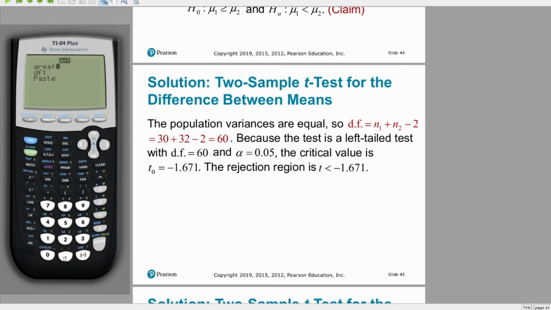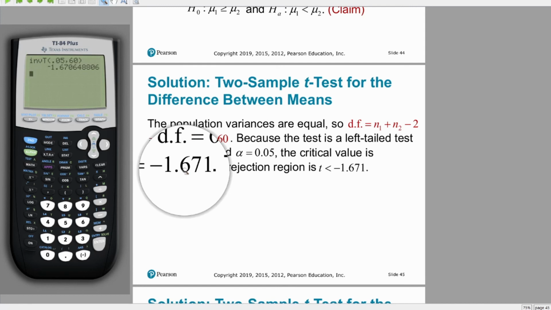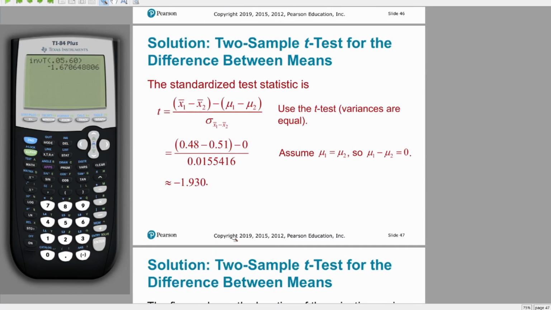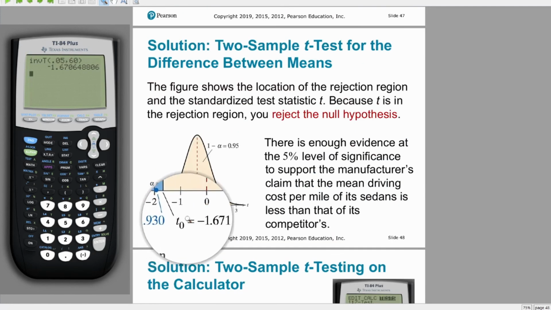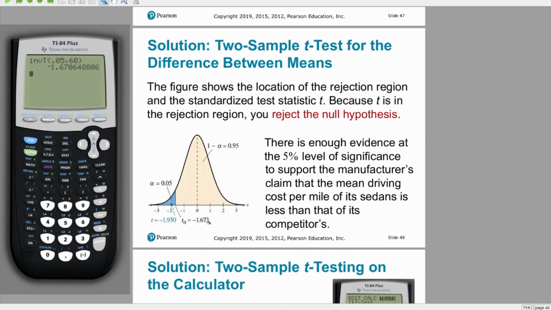I need to put this in first, where the alpha is 0.05, and 60 or 30 plus 32 minus 2 degrees of freedom. It's a very picky computation, but the result here is we get about negative 1.671 as our critical value, and we can see that the statistic we get here is to its left. And because it's to its left, we reject.